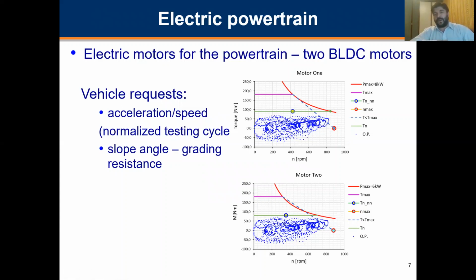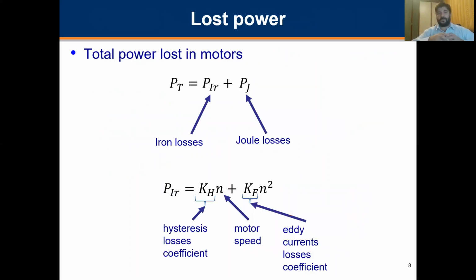In our case, with two brushless DC motors, each motor can answer the torque request, but we have a second requirement: the vehicle has to climb a slope angle of 15 degrees, and in this case one motor is not enough, and we have to use the two motors.